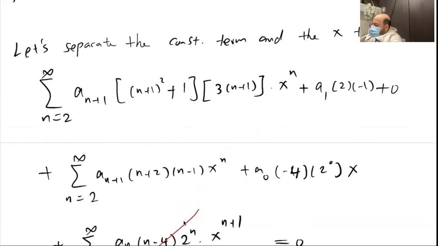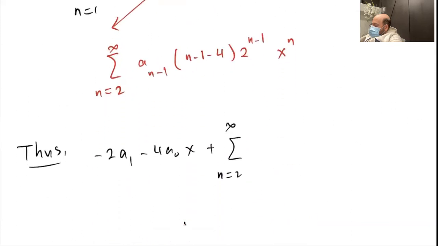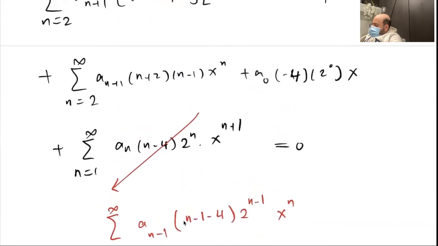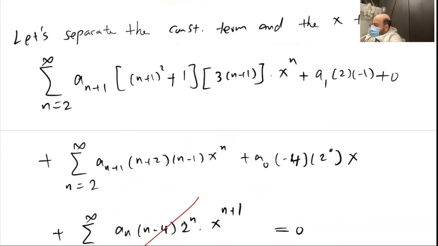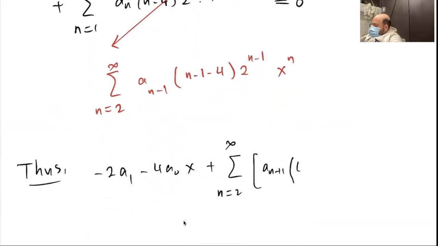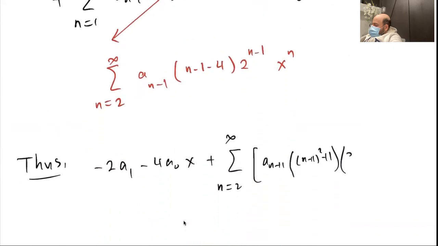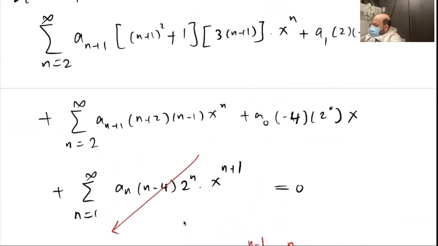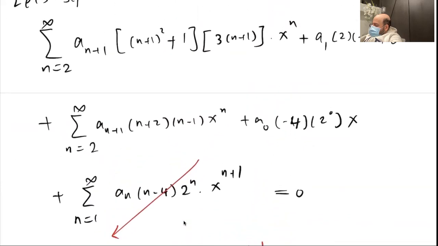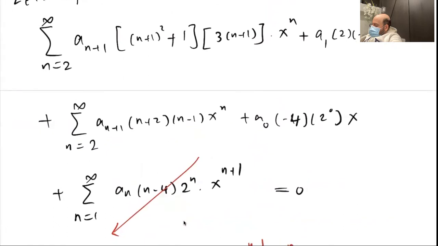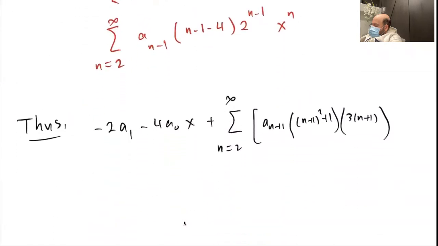For the first one, I have a n plus 1, n plus 1 squared plus 1, 3 times n plus 1. For the second one, I have a n plus 1, n plus 2, n minus 1.